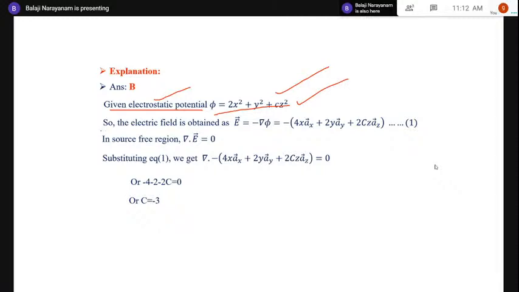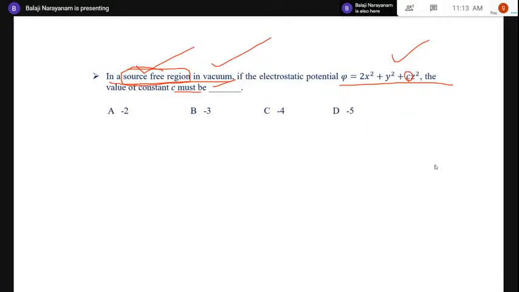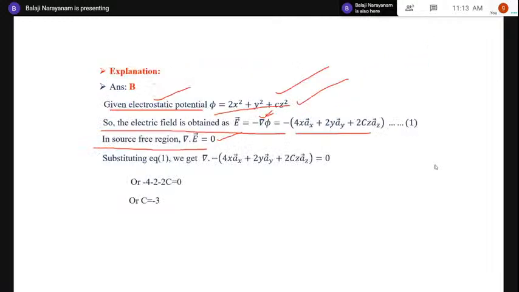The electric field is obtained as E equal to minus del phi. Here del dot E is 0, because it is a source free region. Actually potential is given, and for electric field intensity we have the equation del dot E equal to rho v. In that we are substituting, in place of electric field intensity, simply minus del phi.